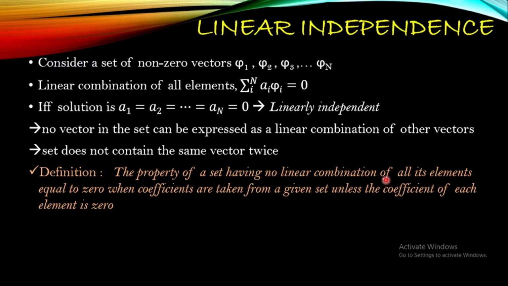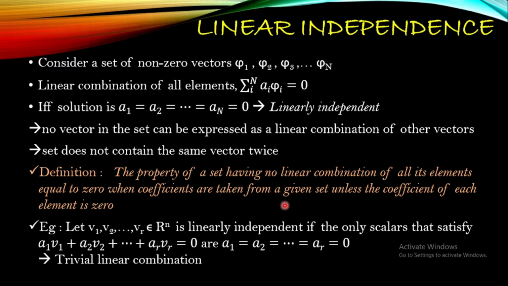First is the linear combination, which is represented using this equation, and the second part is expressed with respect to the coefficients of each vector, that is a1, a2, a3 so on up to an, which are all equal to 0. So this is how we can explain linear independence.